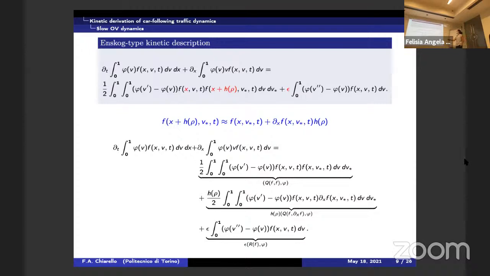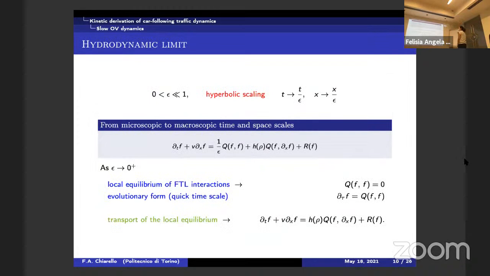Okay, and we define these terms with this collision operator. Here you have the classical Boltzmann term here, Q, and here you have the Enskog correction that comes from this term. Here just the relaxation term.